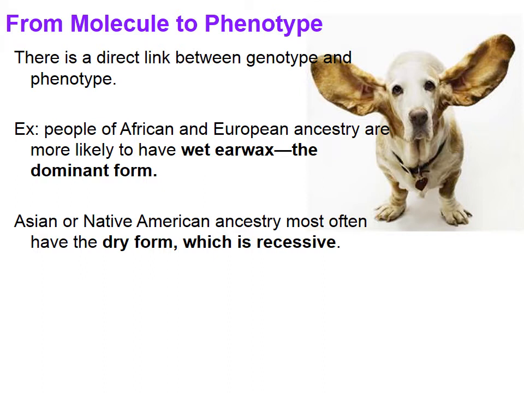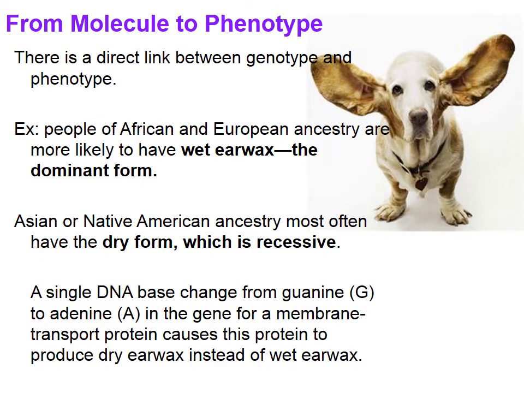And what causes this is a simple DNA change where instead of having guanine, we have adenine in the gene. And this causes the protein to produce dry earwax instead of wet earwax.